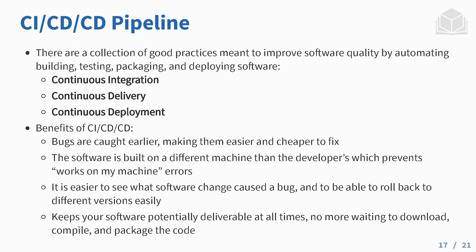If you have a new plugin on your end, if you have a new third-party plugin, just an updated third-party plugin, and something won't work, you can easily find that in your integration environment if you test it immediately. So bugs are caught easier. The software is definitely built on a different machine than the developer. That's the continuous integration part when you have an integration server or a build server.